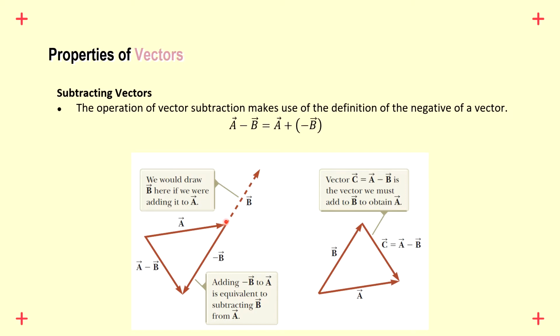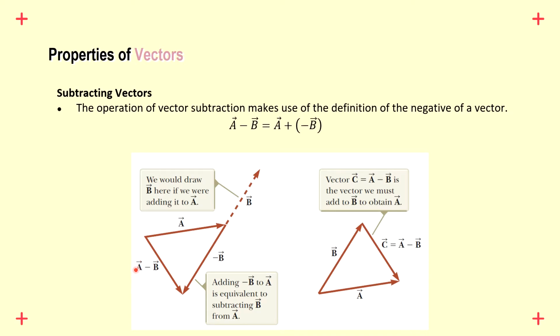But since we are subtracting the two, we reverse the direction of vector B like this and proceed to add the two. So connect the tail of A to the tip of B, and there we have the difference of vectors A and B.